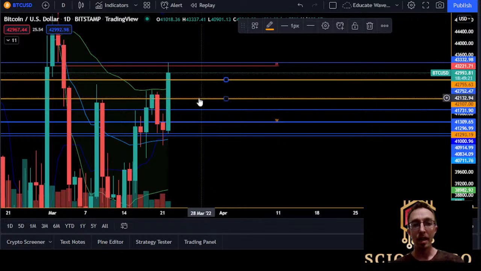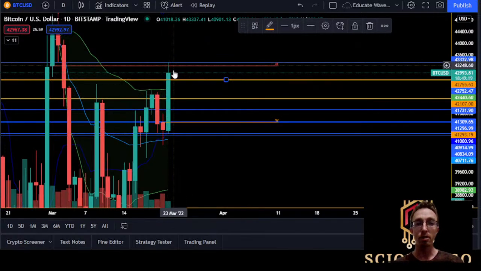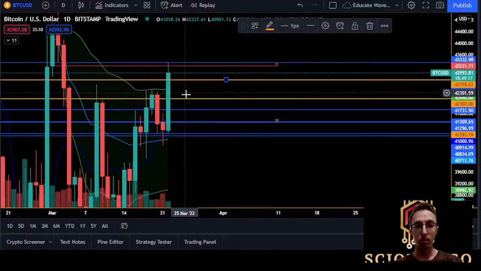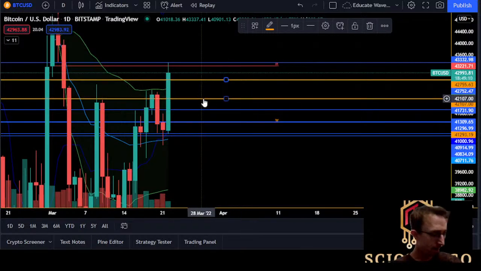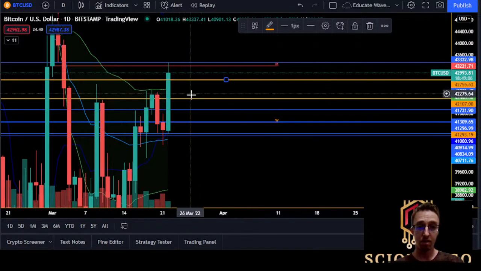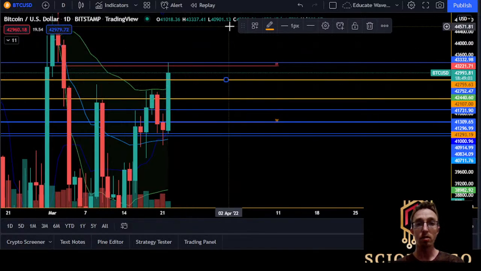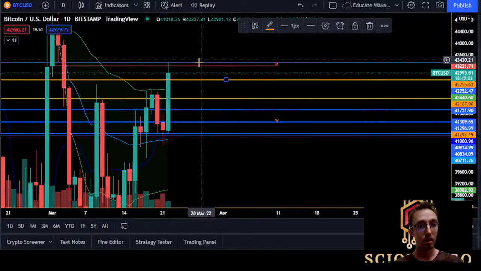If it falls through that, I expect that this could really get punished on down through the levels. That's why I call it the Scion Algo wave, the wave levels. So here at $42,107, this could be a really huge bounce point to go on up further. It could.